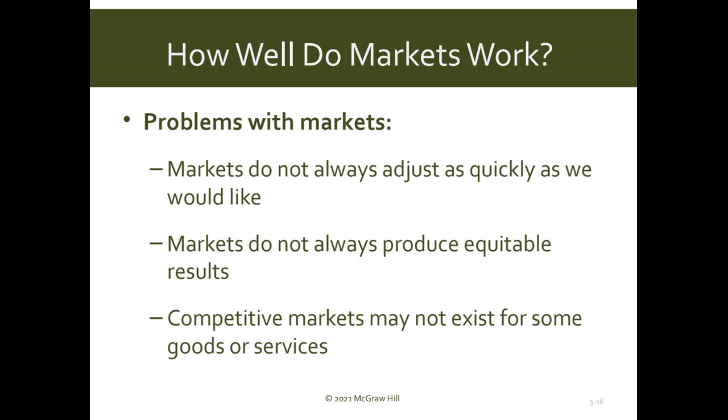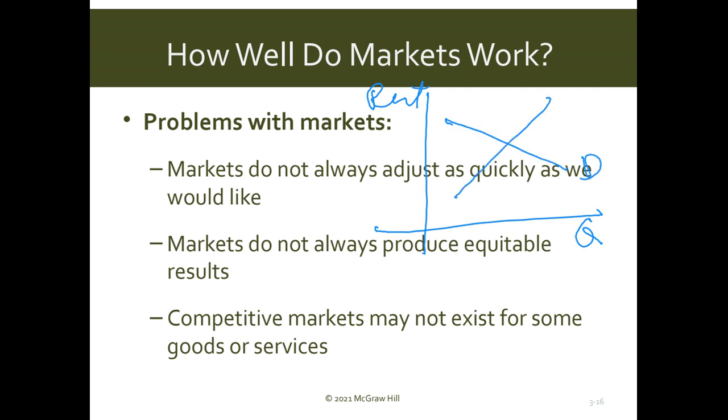For example, let's take a market for apartments, for rental units, and suppose this is the quantity of rental units, this is the rent price, and this is demand, and this is, suppose, supply, and suppose rent is, let's say, $1,100 for, let's say, a 1-bedroom apartment.